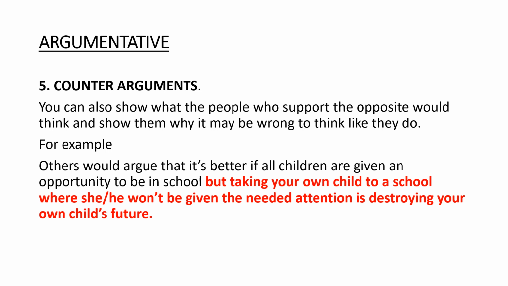So anyone who thinks what is important is that children should be in school, even if they're not taught properly, is just sacrificing their own children, because at the end of school, these children won't be educated. They'll know nothing. So they have destroyed their own children's future. That's the kind of approach used when writing argumentative. Think of what others may say, and show them that their thinking is wrong.